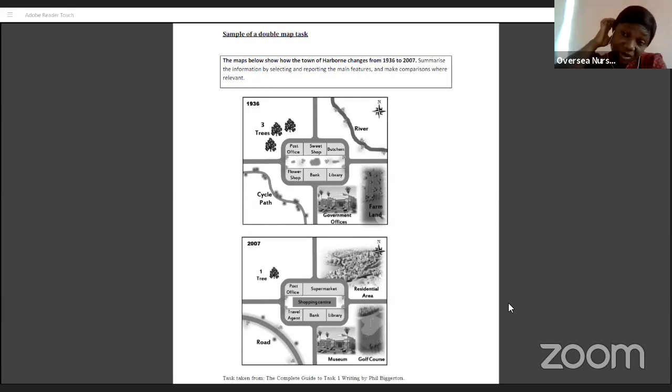Are you going to be mentioning 1, 2, 3, 4 in your overall statement? Remember, no figures and all of that. Okay. So overall, there have been significant changes in the northeast with fewer trees in 2007 from what it was before.